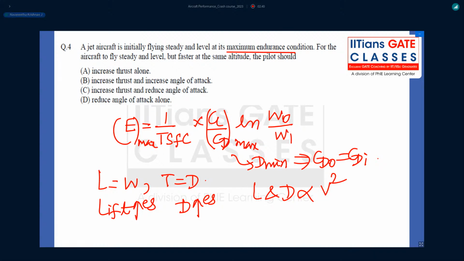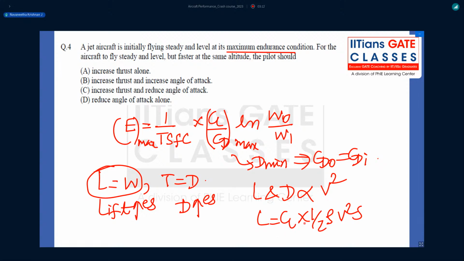Now, we have to fly at the same altitude, but also in a steady and level flight, but fly faster. Lift is nothing but CL into half rho V square S. To maintain steady level flight, that is lift equal to weight, since velocity has increased, the only way to maintain steady level flight is to decrease CL.